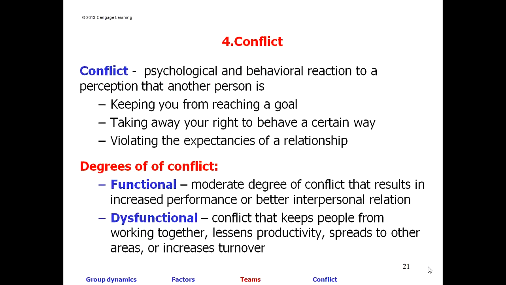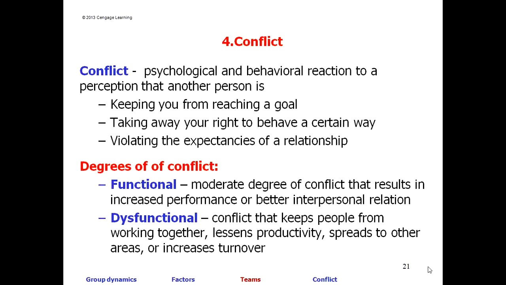Now, this chapter gives big importance to conflicts in organizations, because conflict is psychological and behavioral reactions to the perception that another person, meaning the opposite person, is keeping you away from reaching a goal, taking away your right to behave in a certain way, or violating the expectancies of a relationship. That is a conflict.